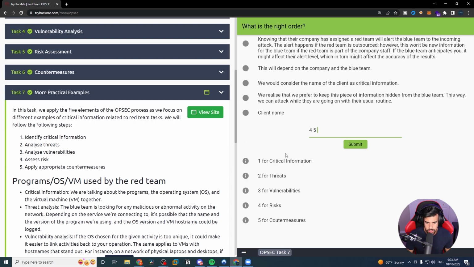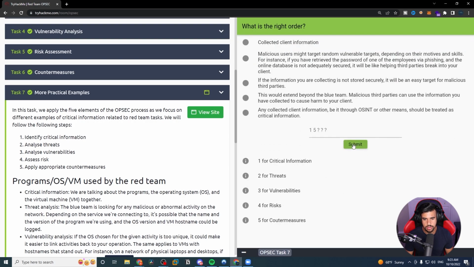And so the third one here, we would consider the name of the client as critical information. This one would be threat. And then after that, we realize we prefer to keep this piece of information hidden from the blue team. This way we can attack while they are going on with their usual routine. That's the vulnerability, and the client name would be considered critical information.